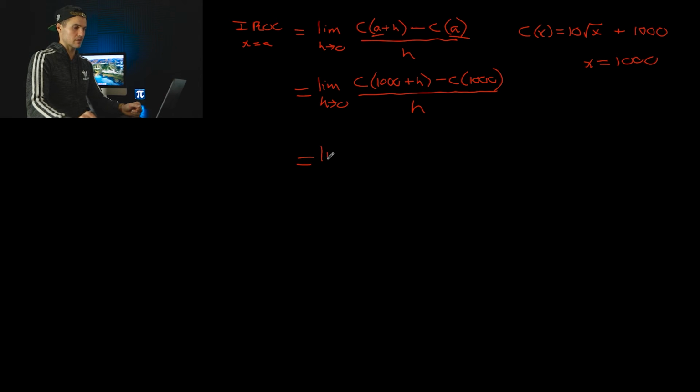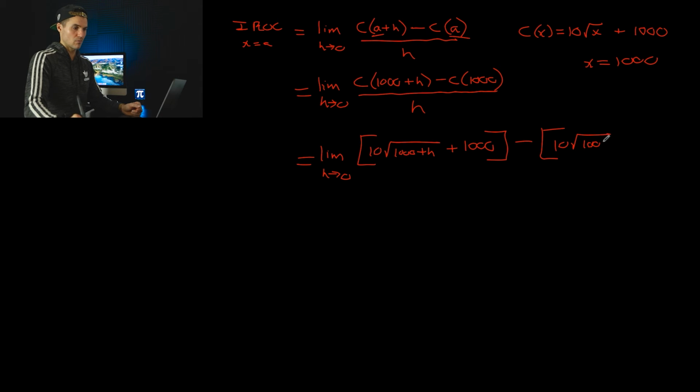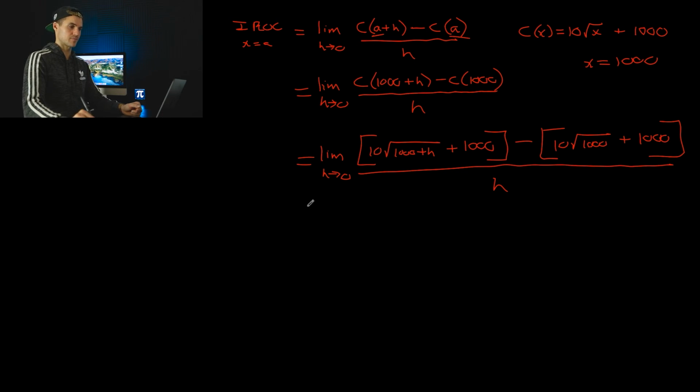So if we plug everything in, this is going to be the limit as h approaches 0 of 10 root 1,000 plus h plus 1,000 minus C of 1,000. So this would be 10 root 1,000 plus 1,000 like that, and that's going to be all over h right there.